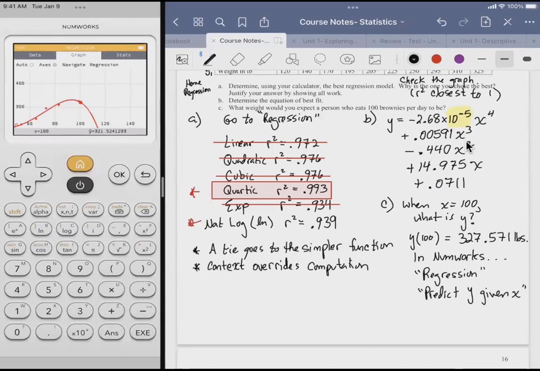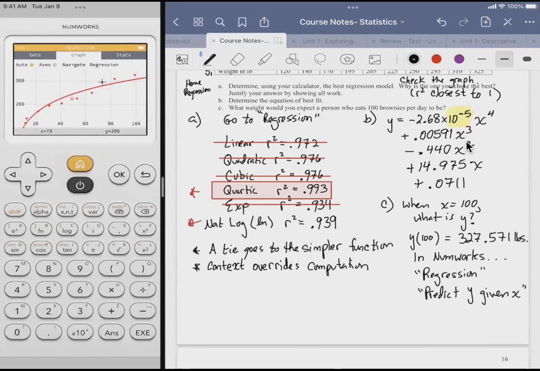And besides, if you had elected to go with a natural logarithmic model here, you might have gotten something completely different. So if I go to regression, and I believe, for example, in this case, that it's a logarithmic, that's what the model would look like. If you want to go back to the original setup, you can select auto, and it'll bring you back to what the calculator thinks is the best window to view.